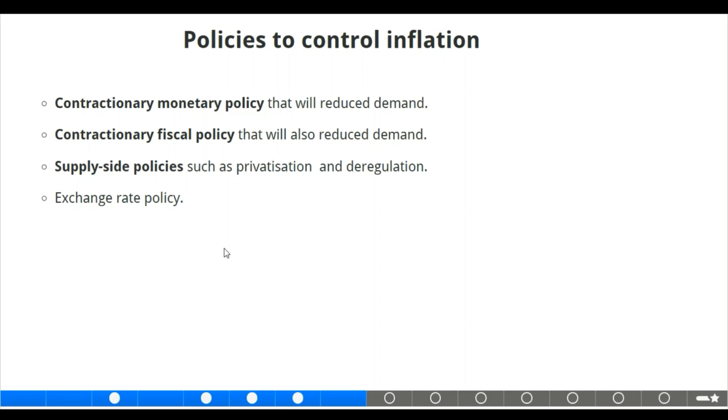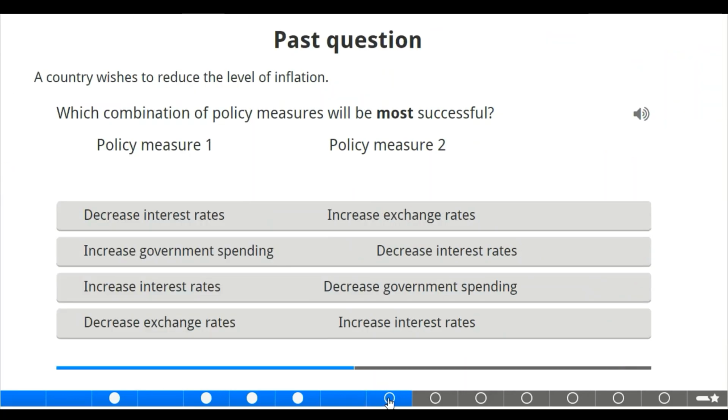And we also have contractionary fiscal policy that will also reduce demand, that is increasing our taxes. Now we have supply side policy, such as privatization and deregulation. And we also have the exchange rate policy. Now we move to the next slide.